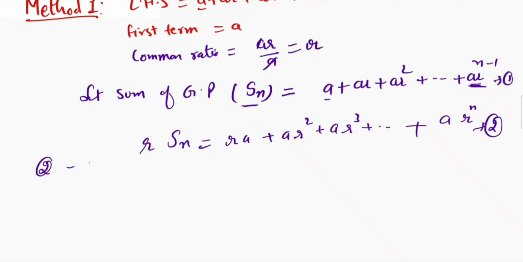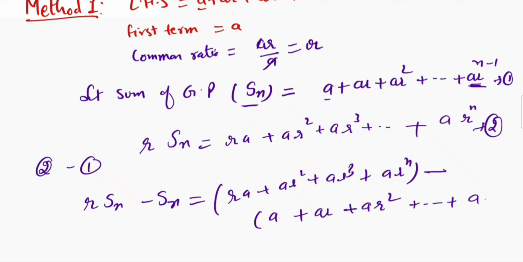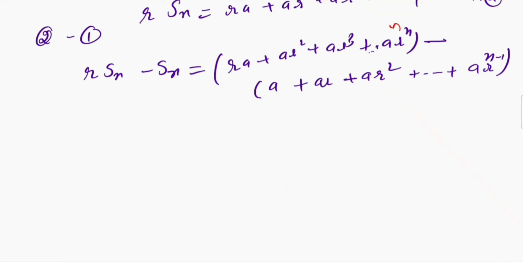Now 2 minus 1, we get rSn minus Sn is equal to ar + ar² + ar³ + so on + ar^n minus a + ar + ar² and so on plus ar^(n-1).